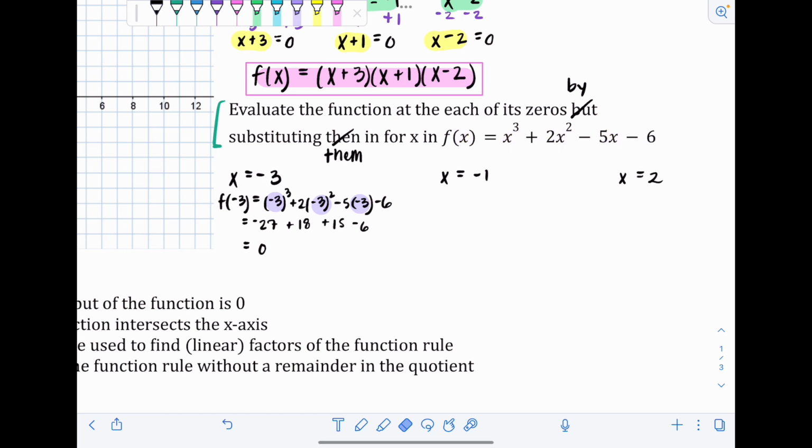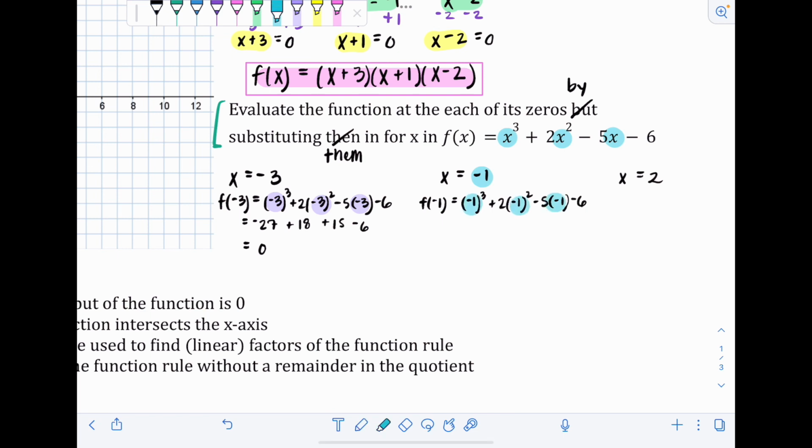And then we'll just repeat that same process, but with the next x value that we have, which in this case is x equals -1. So we'll find f of -1. So we'll take -1, put it in for all the x's. So -1 to the third power plus 2 times -1 squared minus 5 times -1, and then minus 6.